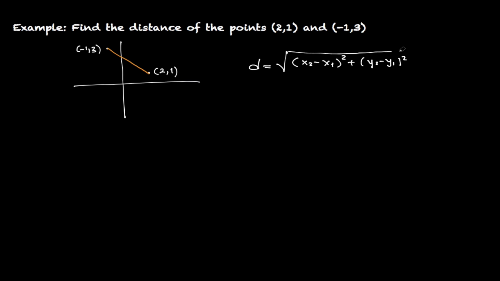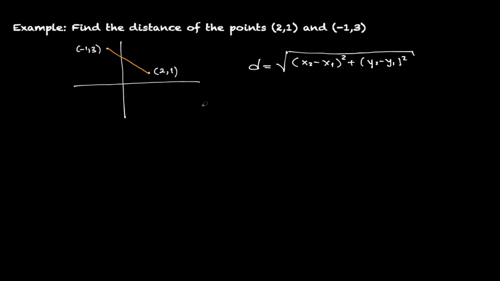So the idea is taking the difference of the x coordinates, and taking the difference of the y coordinates, and adding the squares. We can call one of them (x1, y1) and the other one (x2, y2). That's up to us. It won't change the answer.